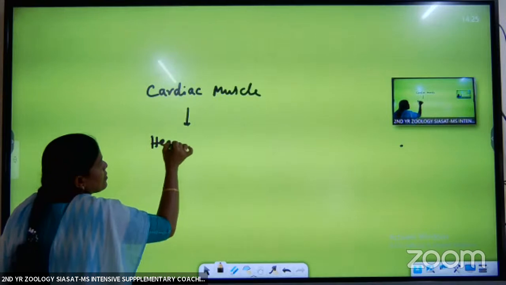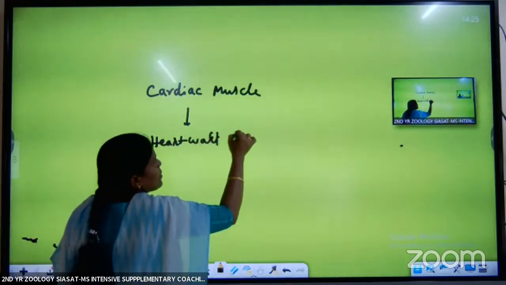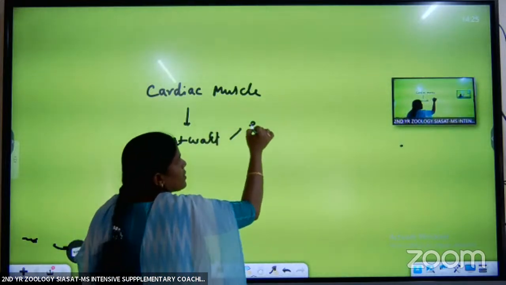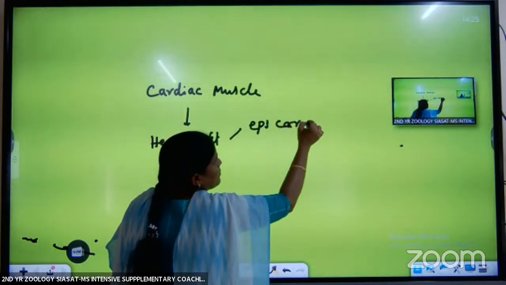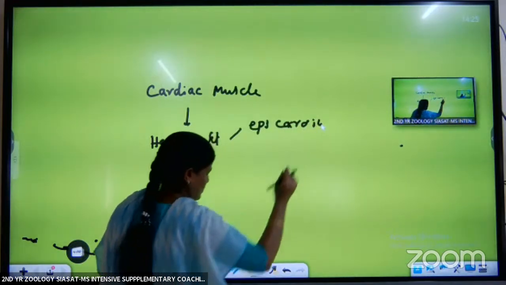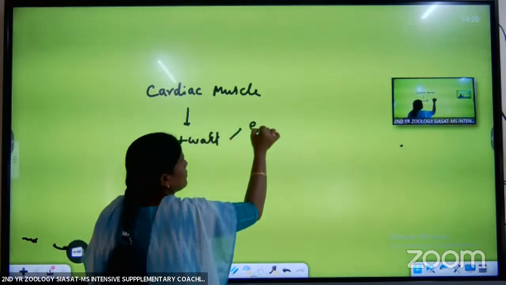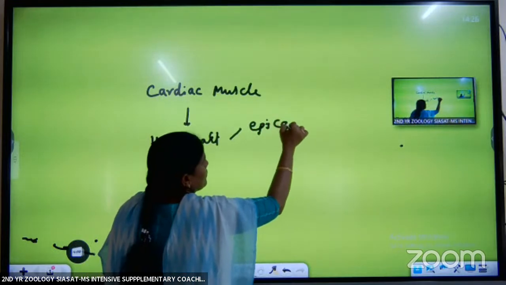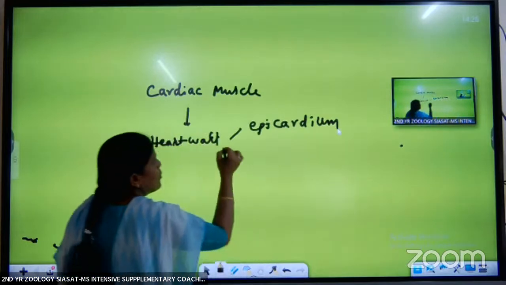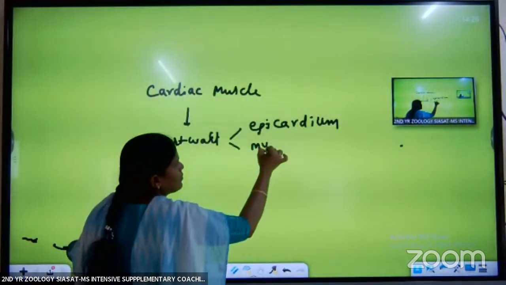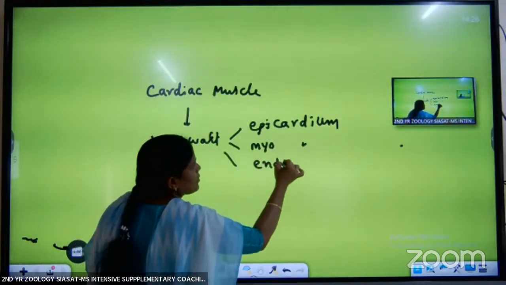Outer is called the epicardium. Middle is called the myocardium. Inner is called the endocardium.